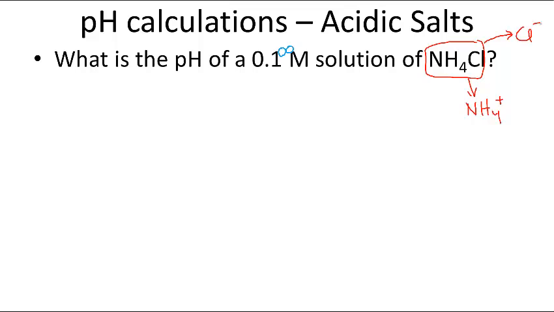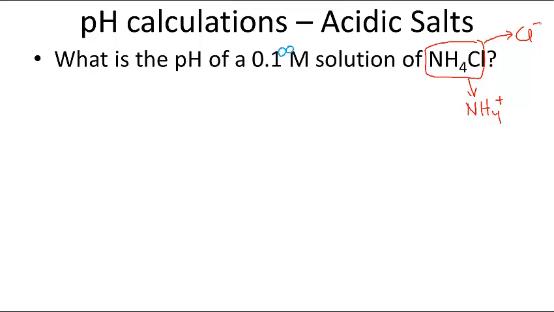So we have to ask ourselves, is one of those things, or both of them, but usually it'll just be one, going to affect the pH in some way? One proposal is that Cl minus could grab H plus from water. That would affect the pH.